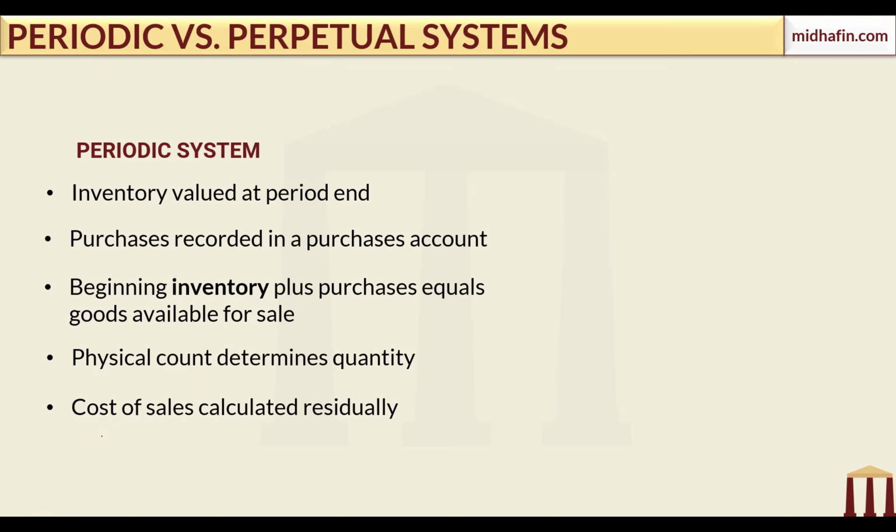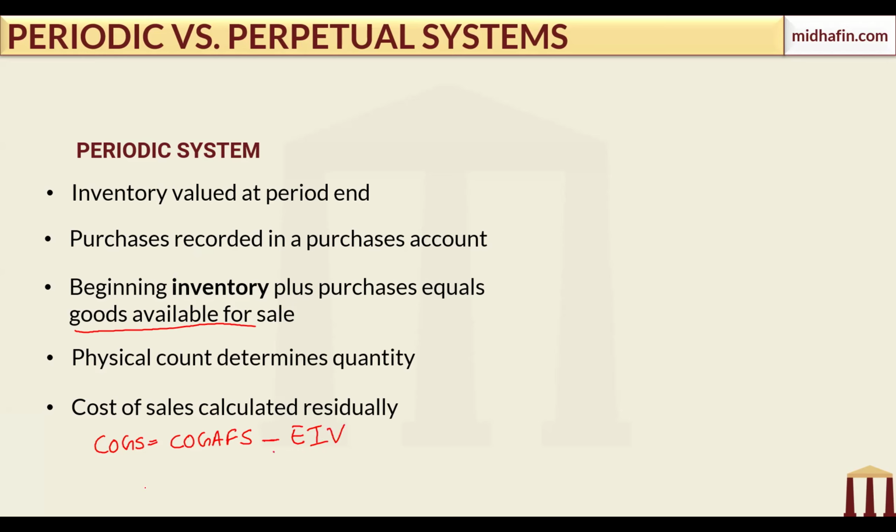It means that COGS is calculated as the cost of goods available for sale, this one, minus the ending inventory level, or you can say the ending inventory cost, or the ending inventory value. That will be better.